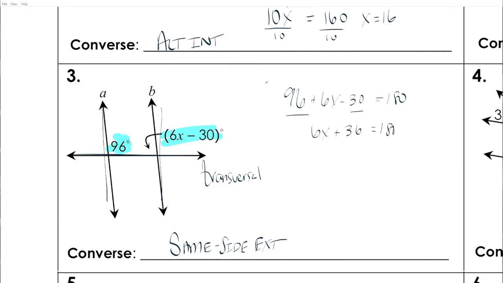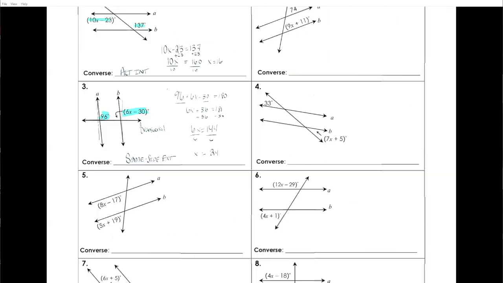We're going to subtract 66 from both sides. Show that step so we're not like, what, Coach O, what'd you just do? 6x is 144, and then we divide by 6. X is 24. Okay. Just keep on keeping on.